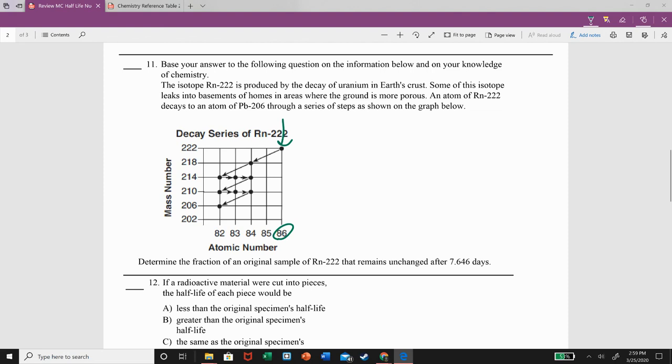But it's telling me the fraction, so this isn't necessarily figuring out the decay from this graph. I need to do a half-life here. So I'm going to do my time versus mass. Time always starts at 0. I'm determining the fraction that's remaining, so I start with a whole, and I'm ending at 7.646 days.